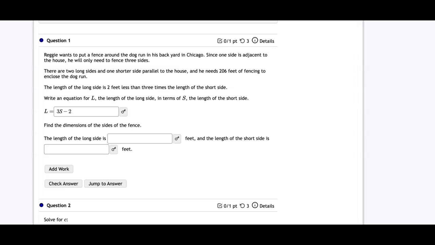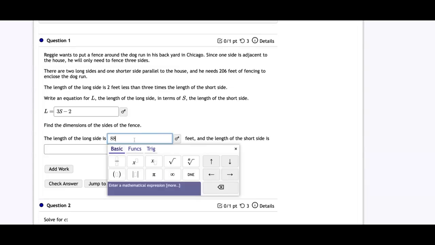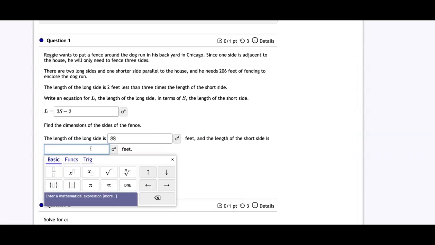So that's it for this question. The long side is 88. The short side is 30.